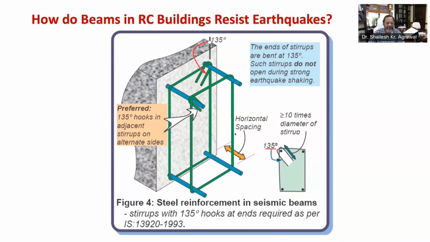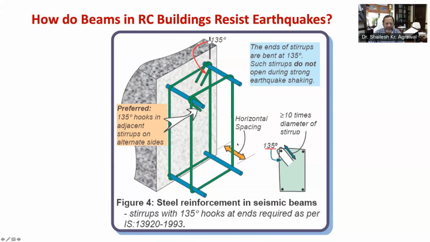Again, the ductile detailing code IS 13920 prescribes 3 requirements for stirrups in moderate to severe seismic zones. First, the diameter of a stirrup must be 6 mm, and in beams more than 5 meters long, it must be 8 mm.